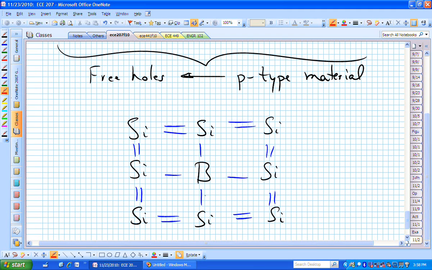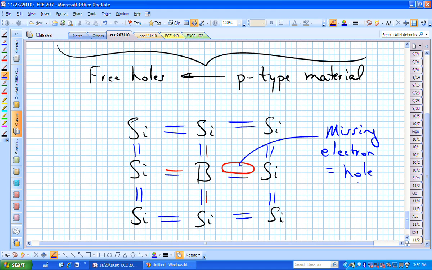The boron contributes, it's a 3 element, it's only going to have 3 electrons that it's going to want to share with its neighbors, and because of that we now have this opening, or what's called a hole, appearing in this outer shell of electrons. So here is our missing electron, or what we might call the hole.